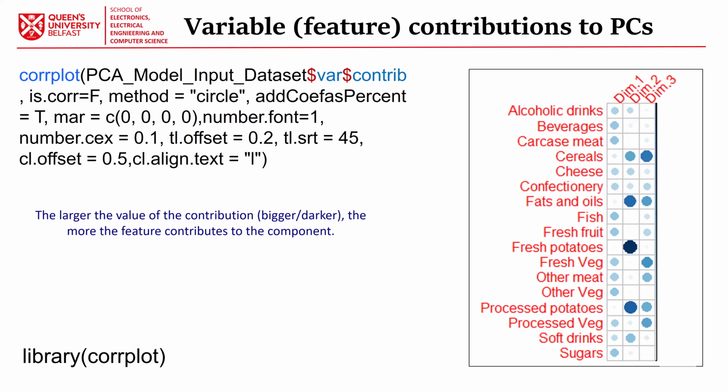So in that case, if you look at fresh potato in dimension 2 or principal component 2, we have a rather large contribution here, while for dimension 1 and 3, there is no contribution. Even for the rest of them, almost every individual dimension has a contribution linked to the original features.